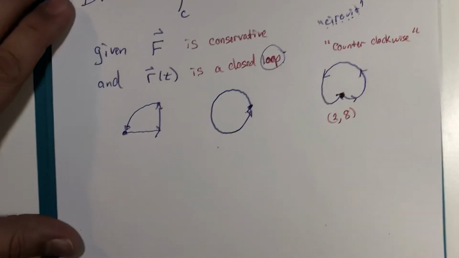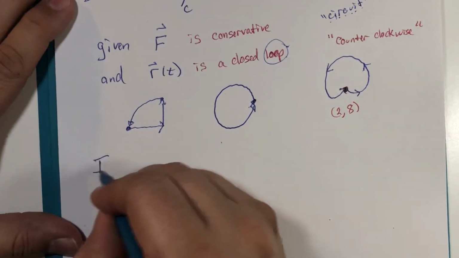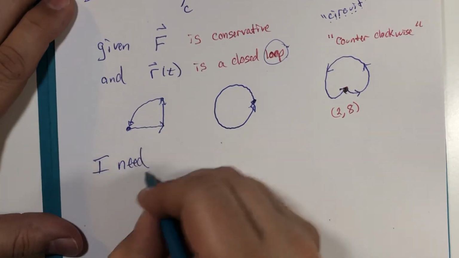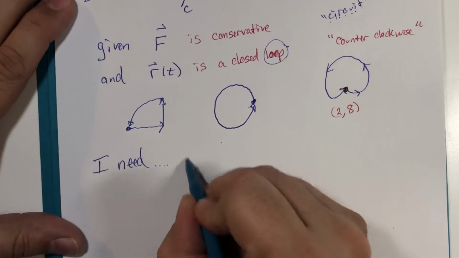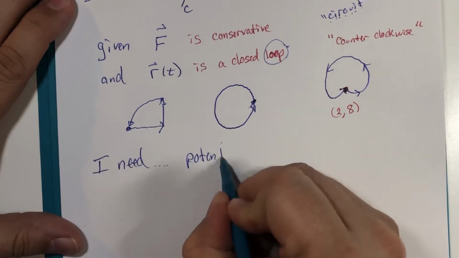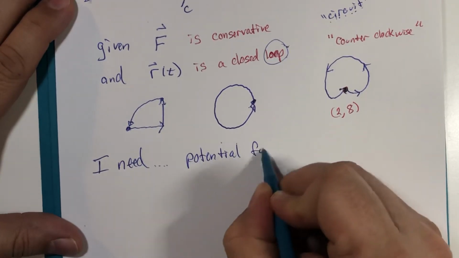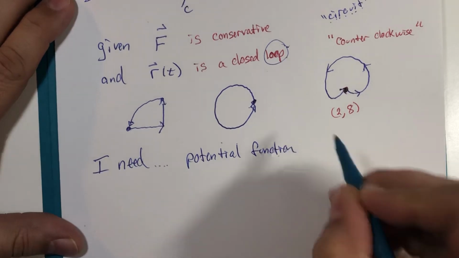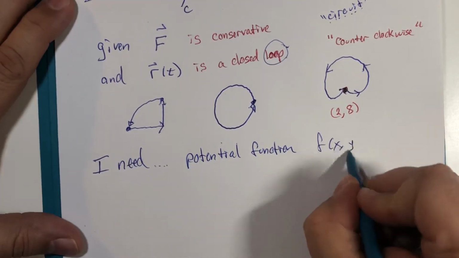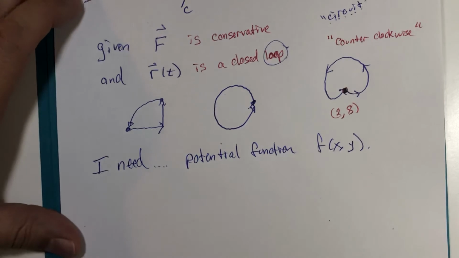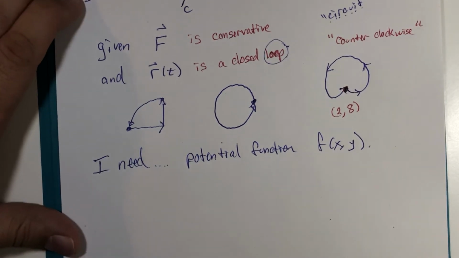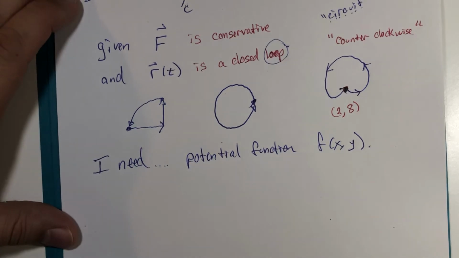What we need is the potential function f of x, y. We would need that potential function f of x, y. And I'm going to show you for this problem, you don't even need the algebra for that.